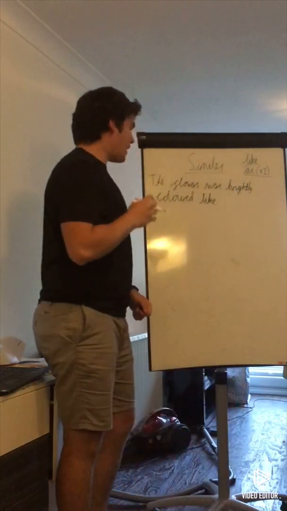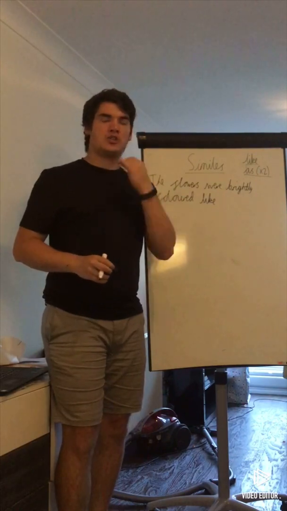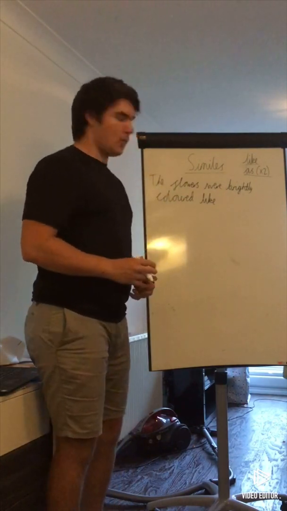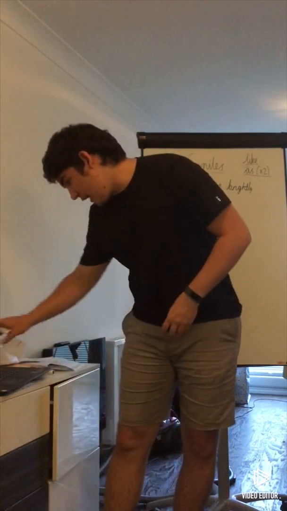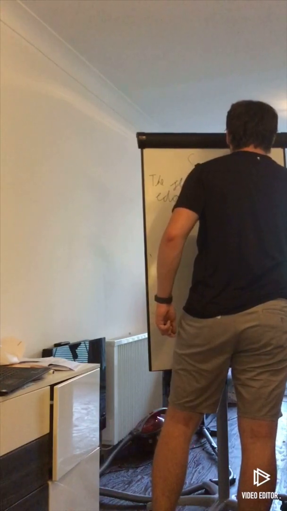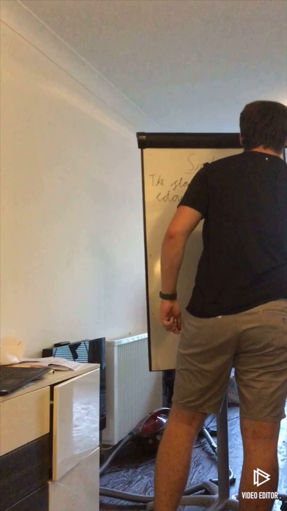The flowers were brightly coloured like, and I've got to think of something that's brightly coloured, but also gets across the message of something really great and nice to look at. So, if we go with, let's have a look, because we had in your one, an artist's paint box. Okay? An artist's paint box.